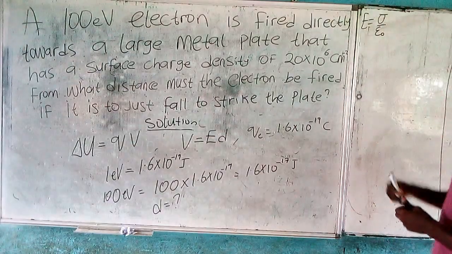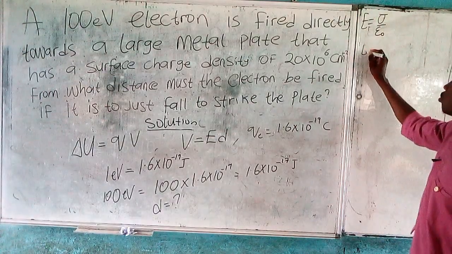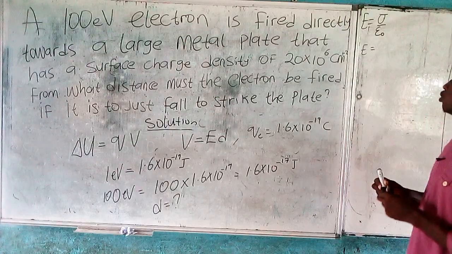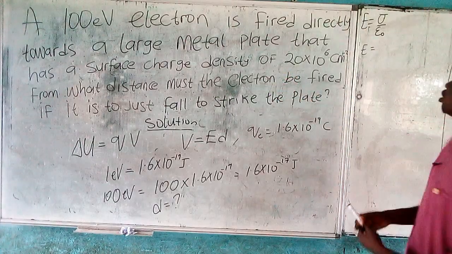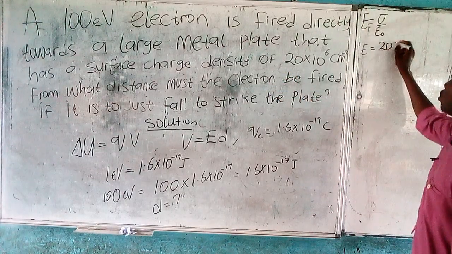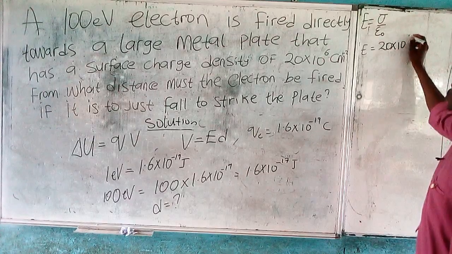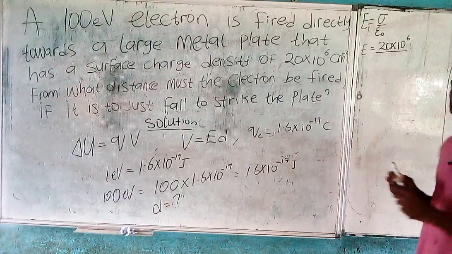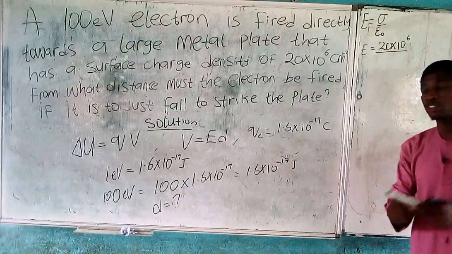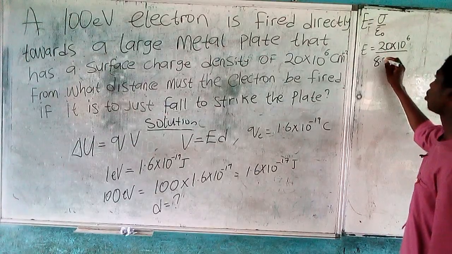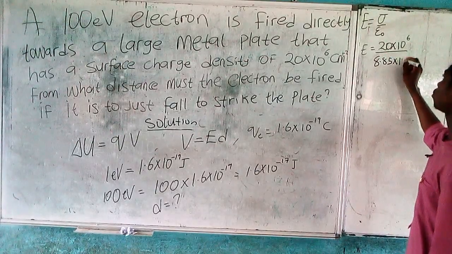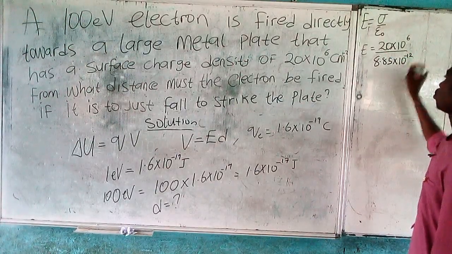Since we know this, we just input our values. The surface charge density is 20 times 10 to the power of 6, divided by the permittivity of free space, which is 8.85 times 10 to the power of negative 12.